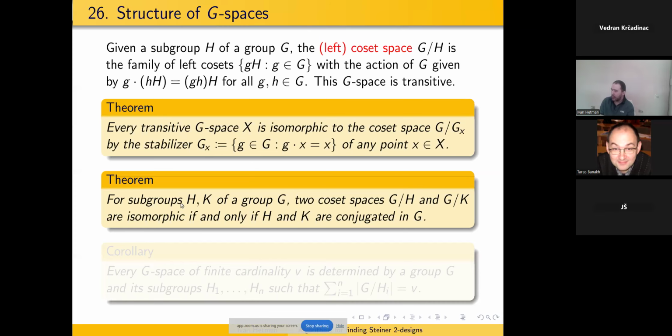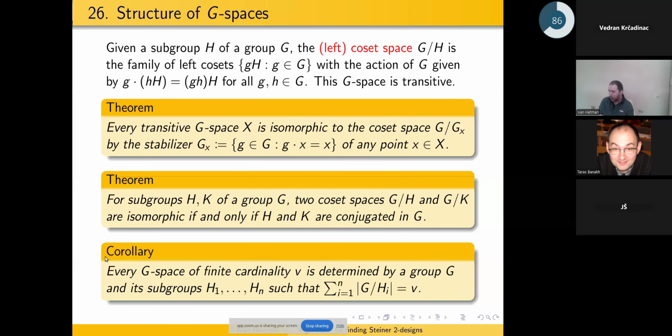For subgroups H and K of a group G, two coset spaces are isomorphic if and only if H and K are conjugated in G. So this means that if we are building G spaces, we can consider only one subgroup of a specific conjugation class of a group. And that's basically it. The rest you can just skip.